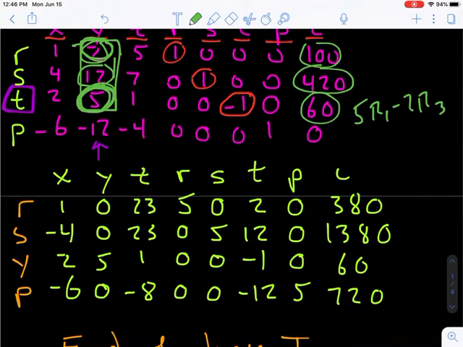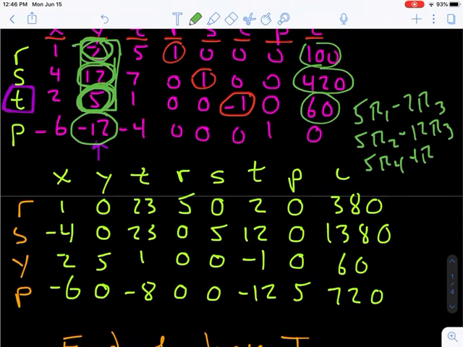And then to get rid of this 12, I would do 5 row 2 minus 12 row 3. And then to get rid of this negative 12, using the pivot, I would probably do 5 row 4, and because that's a negative, I would do plus 12 row 3.